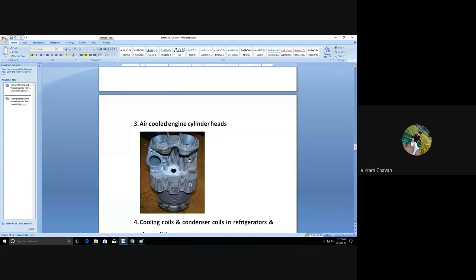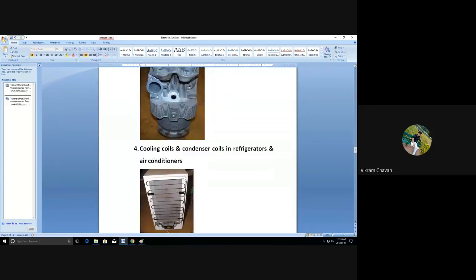So reducing the temperature is of prime importance for the fins. Here we are required to transfer the maximum amount of heat to the surrounding instantly, so we apply the extended surfaces over the cylinder head, which will transfer the maximum amount of heat to the surrounding as early as possible.